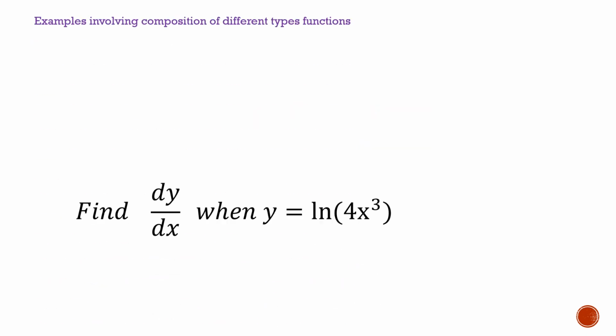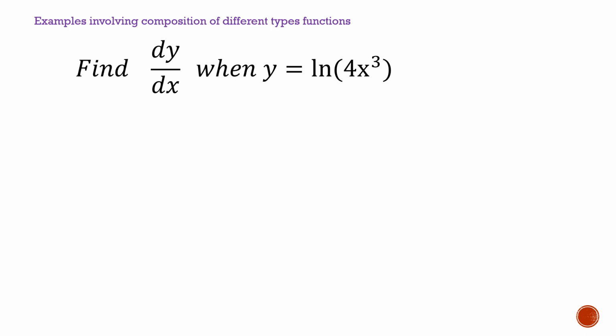Let's see. I have got this function y is equal to ln of 4x cubed. So here my dy over dx will be 1 over 4x cubed, because the derivative of ln x is 1 over x. So 1 over 4x cubed times the derivative of 4x cubed.